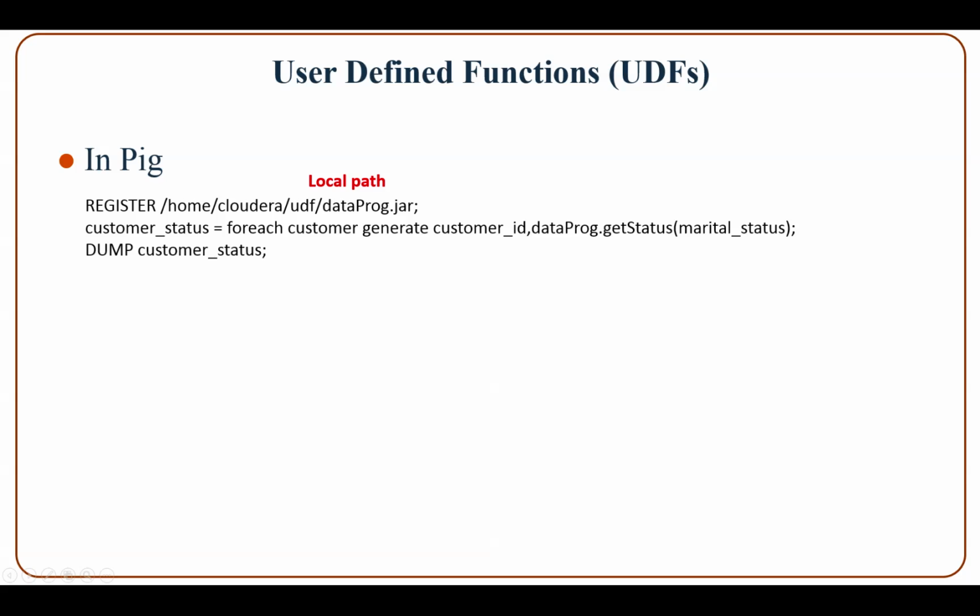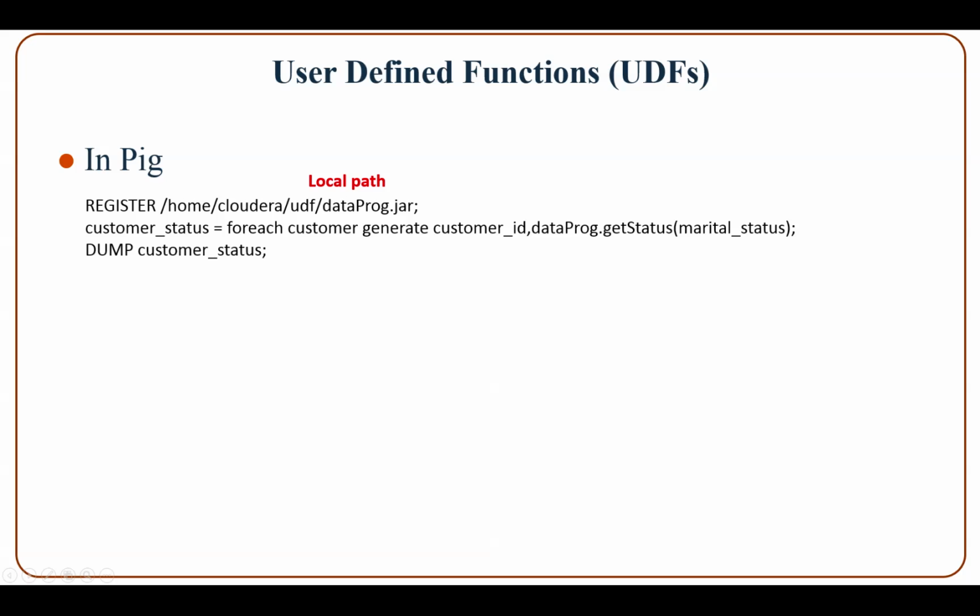And here assume that the customer relation was loaded previously, then use Foreach to walk through each record and generate the customer ID, and then the marital status. And the marital status originally contains just a single letter like S, M, or D. So here you use the getStatus, which is the name of the class, and give it the original status.